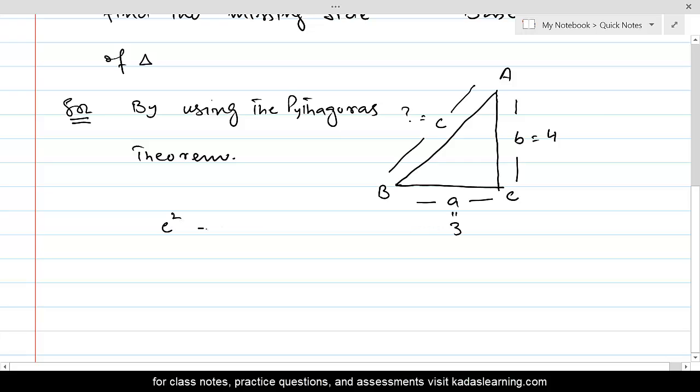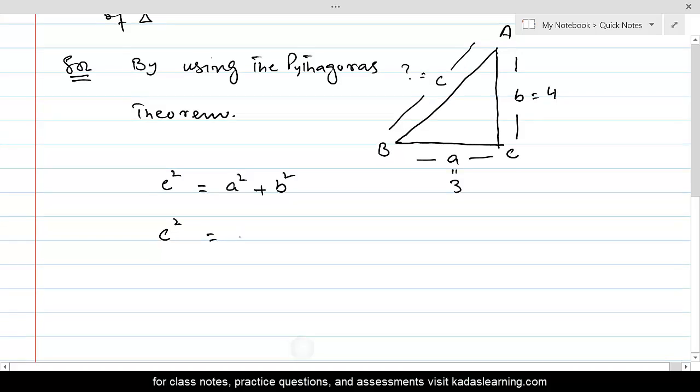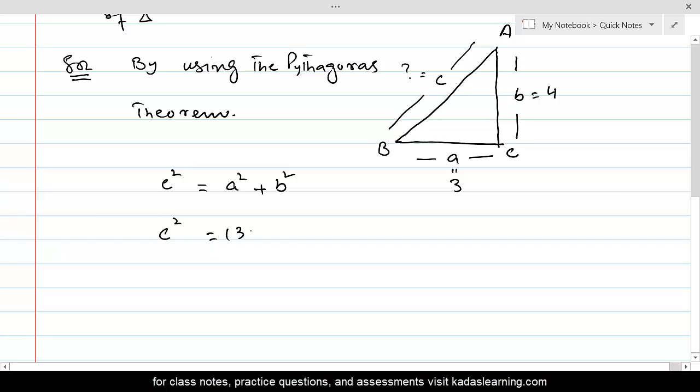If we have the value for A, we can substitute that value. Value for A is 3, so we can write 3 square, plus value for B is 4, so this will be 4 square.